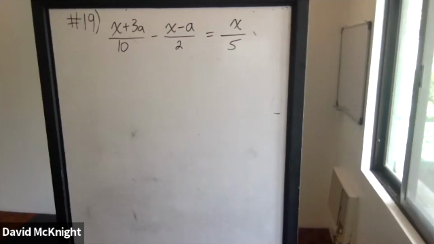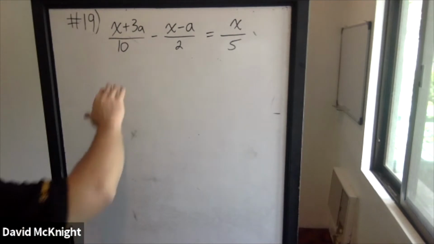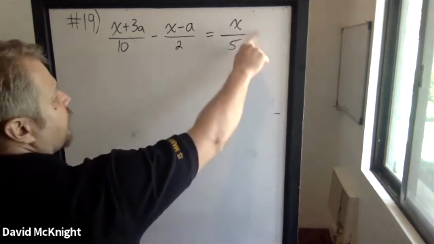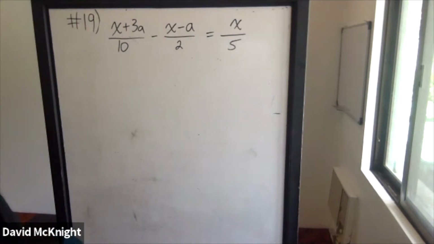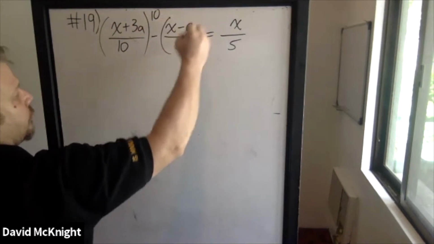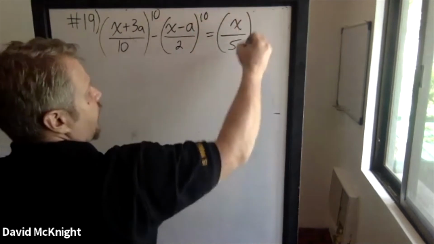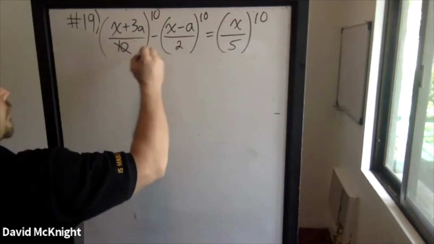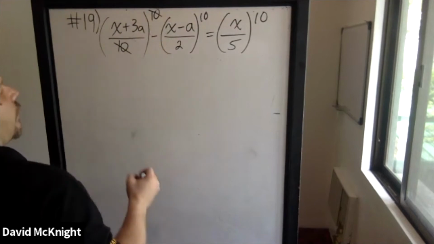All right, number 19 says to solve in terms of x. Before we do anything, we can just clear these fractions by multiplying by the lowest common multiple of both the denominators. So that's going to be 10. So we can multiply all the parts by 10. That's going to cancel here.